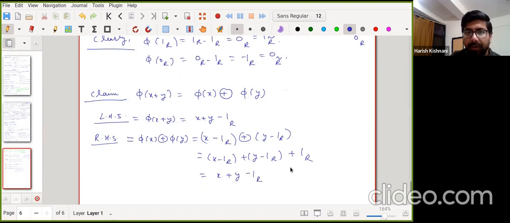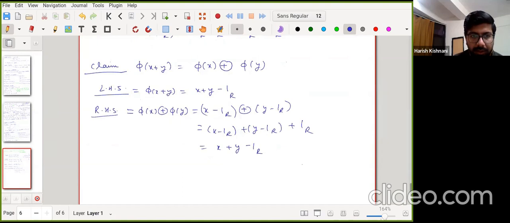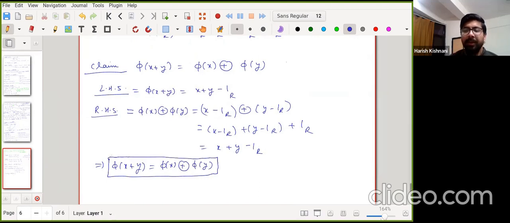The minus 1 of R will get cancelled with the plus 1 of R. So hence the claim is satisfied, right? We have phi of x plus y equal to phi of x plus, with addition in the new ring, phi of y. So this operation is compatible with the addition.